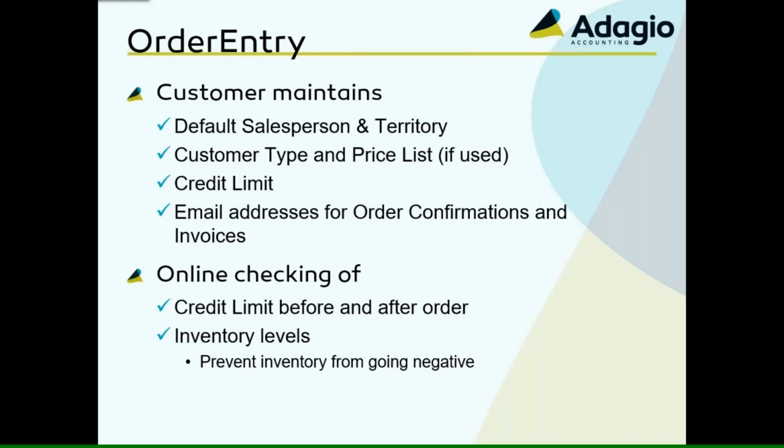But if it is an item in inventory and you don't appear to have any in stock because the shipping guy is a little behind in his work and he hasn't received all the goods that came in yesterday, but you have an order and you're shipping them out today, then Adagio will use the most recent cost when it's doing the appropriate accounting for the sale of those items.